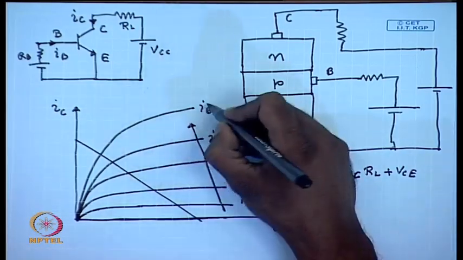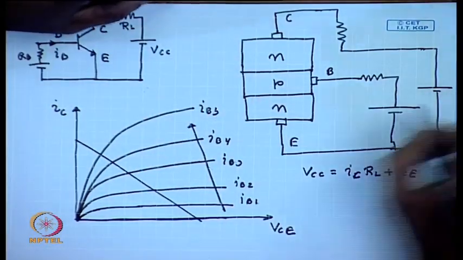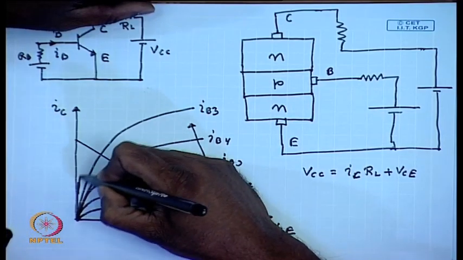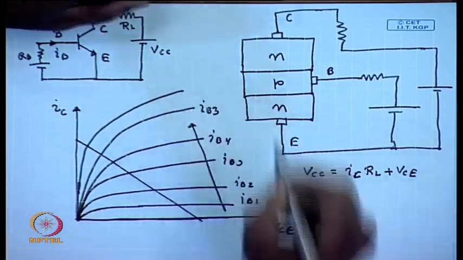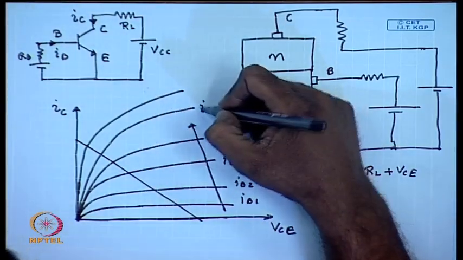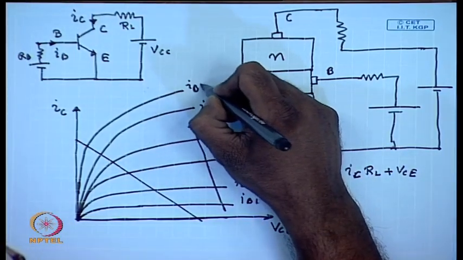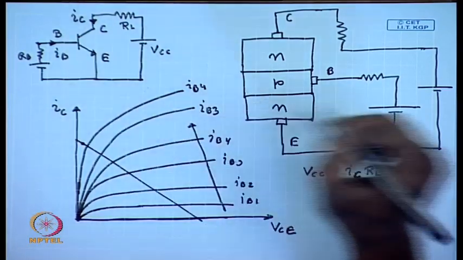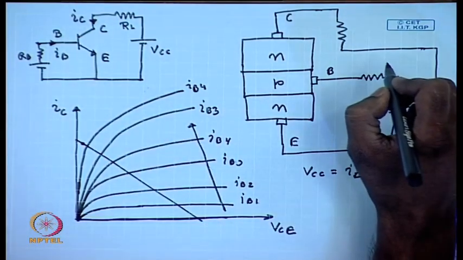Now, for this load, if the applied base current is larger than IB, then the voltage across the device will be almost 0.